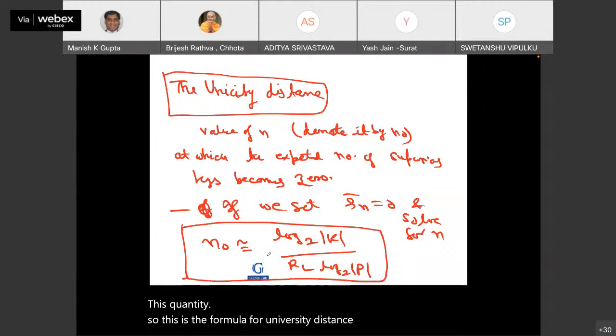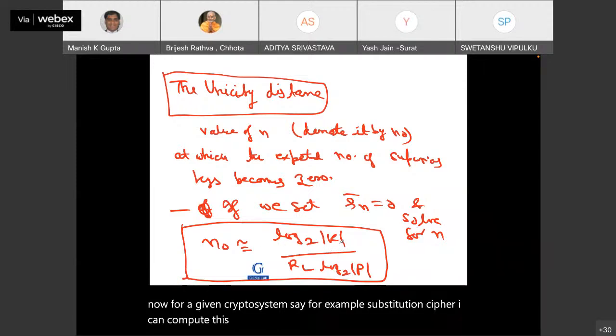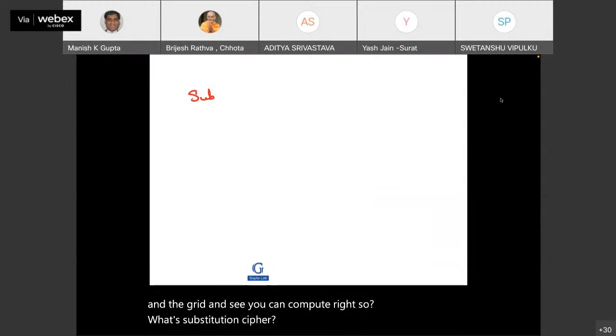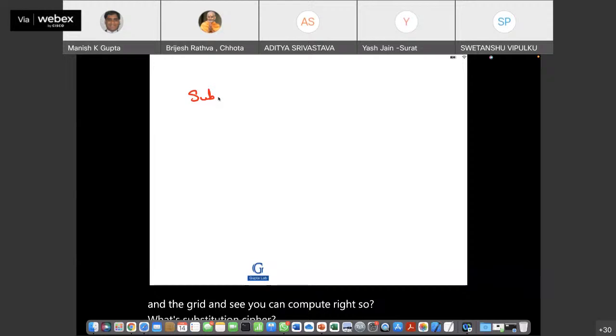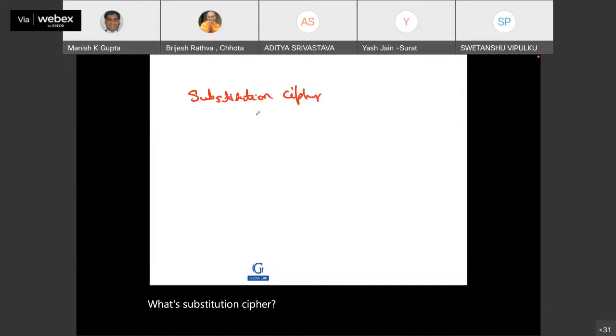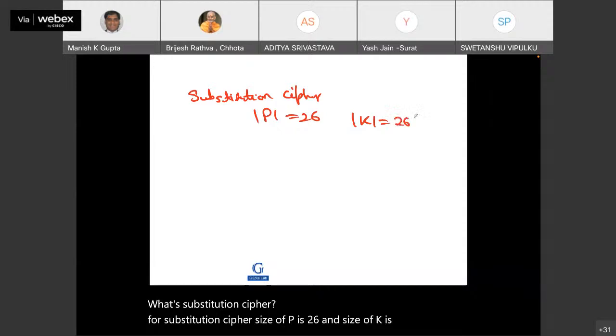Now for a given cryptosystem, say for example the substitution cipher, I can compute this value, because we know the size of K and the size of P, and the redundancy can be computed. For the substitution cipher, the size of P is 26 and the size of K is 26 factorial, the number of keys.